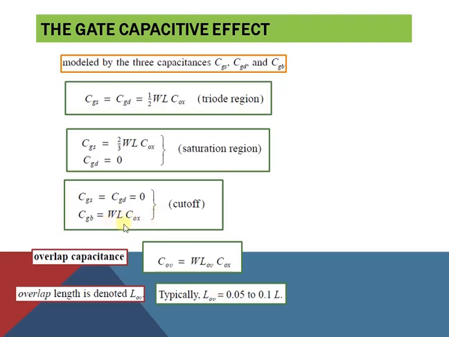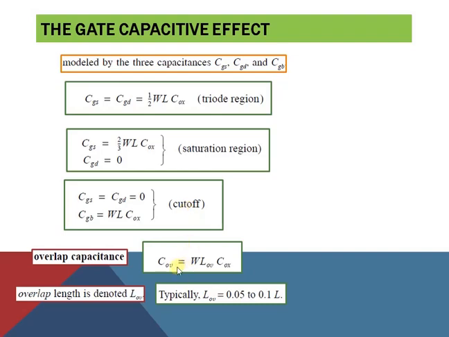In addition to the three different region capacitances, we have a small capacitive component which is called overlap capacitance, represented as COV. This overlap capacitance should be added to CGS and CGD in all the three regions, that is the triode region, saturation region and the cutoff region, because this capacitance is present from the fact that the source and the drain diffusions extend slightly under the gate oxide.